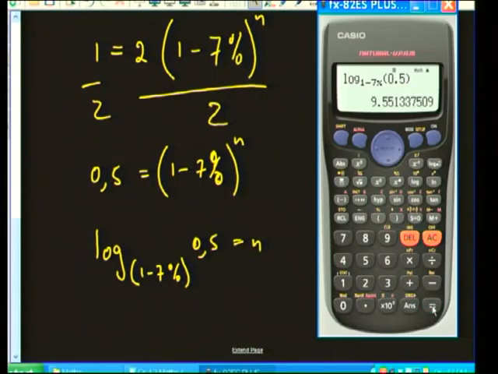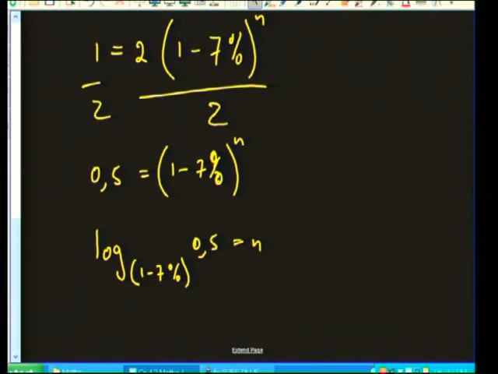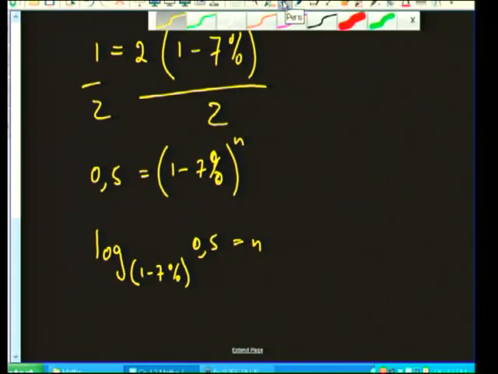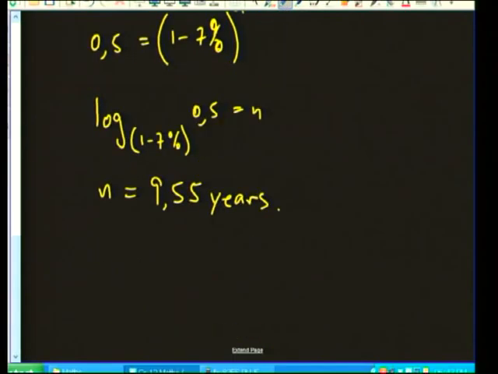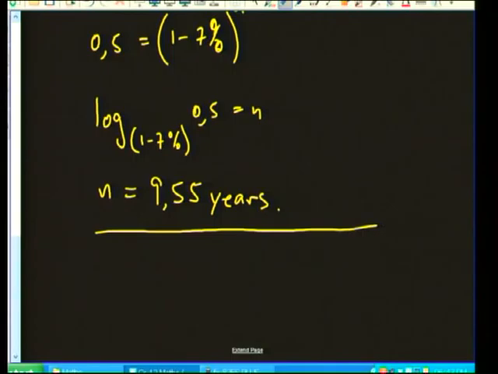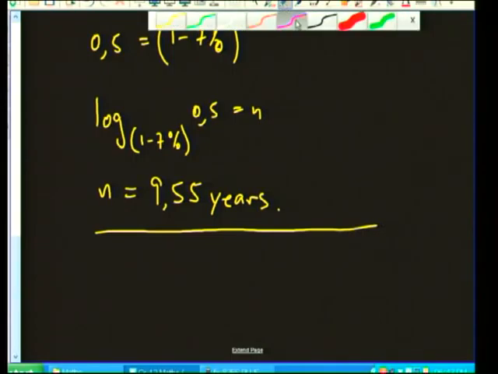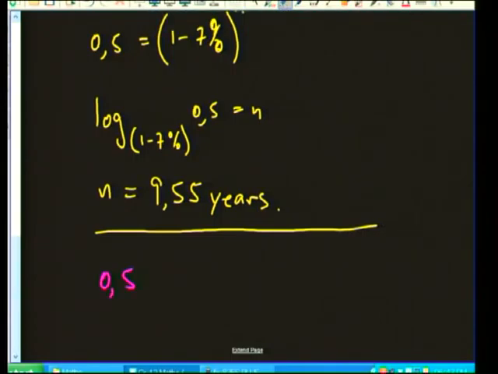And we hit our button and we get that n is equal to 9.55 years. Fantastic. Over and dusted.